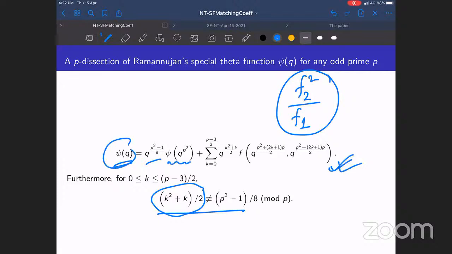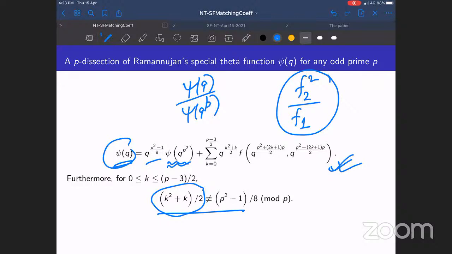we have psi of q p square. So therefore you just divide both sides by psi q and psi qp. And the first term is just, you can say, the inverse of the original product, psi q by psi qp, but q is replaced by qp. Okay.